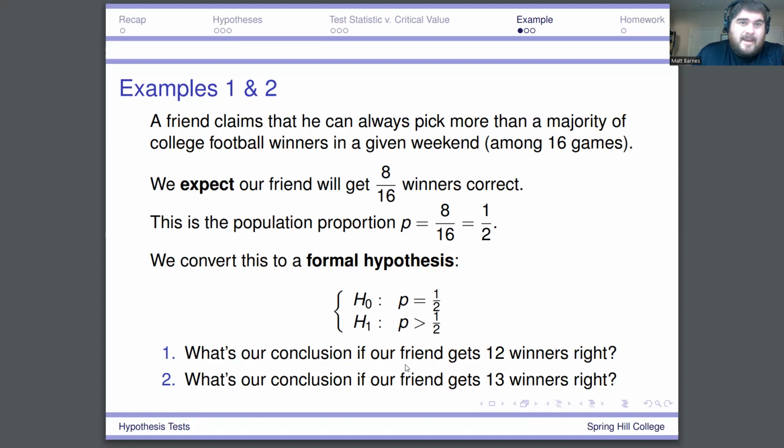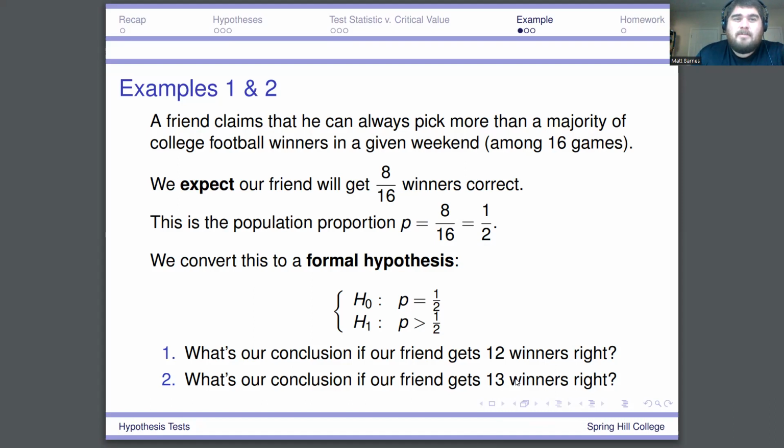So we run the whole thing back. We do the formula again. Our P stays the same, our Q stays the same, our N stays the same, but we're going to run the whole thing again with 13 over 16 being our P hat. We'll get a decimal for that. We'll plug it into the formula. And then let's see what happens with our critical value.